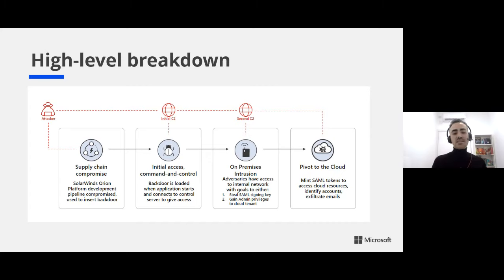And once they did that, they managed to create a C2 channel to an external C2 server and get hands-on-keyboard access to all the companies that they infiltrated. And again, it was very hard to detect because they used those updates from SolarWinds that were trusted and signed by SolarWinds, so it was really difficult to understand that something malicious was going on.